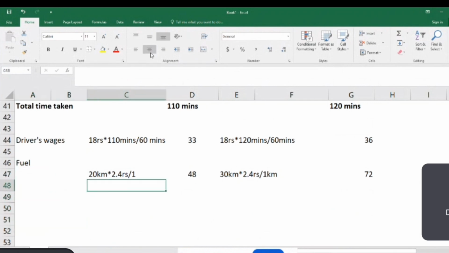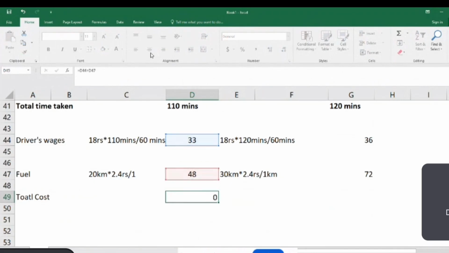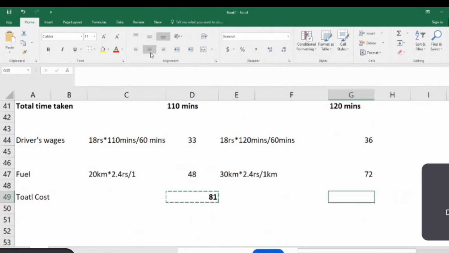Getting my point? So what is your total cost? So your total cost is equal to 33 plus 48. Here, same, 36 plus 72.